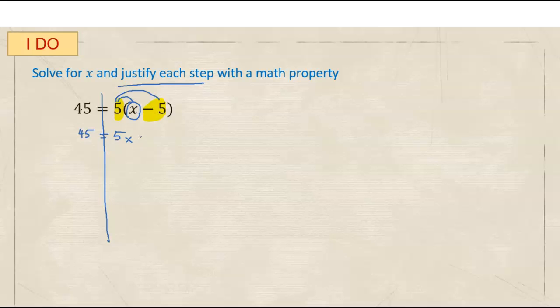We have a subtract, so we're going to distribute over subtraction. And then 5 times 5 is 25. So we have 5x minus 25. But now we need to write down what step we used here. So this was the distributive property.